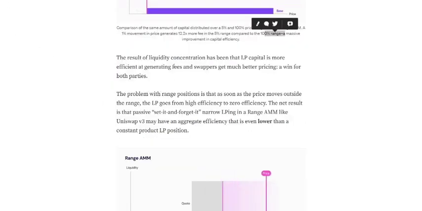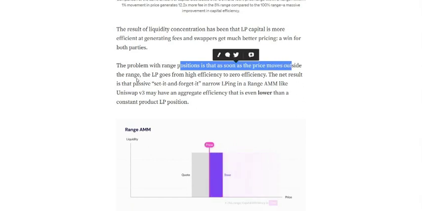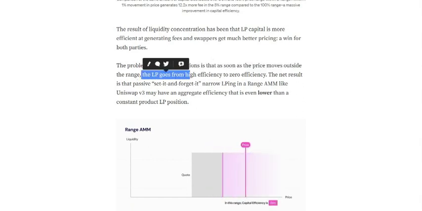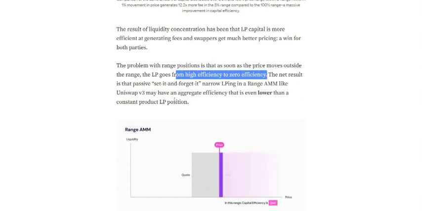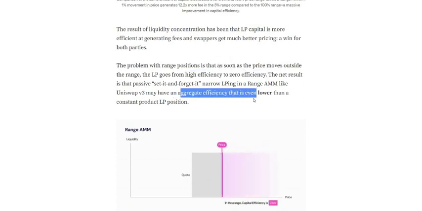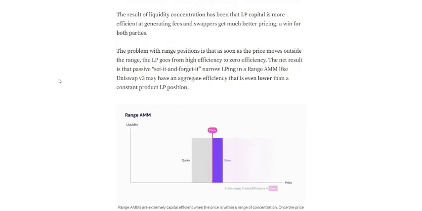But if you spread your range to a wide range, then the fees generated will be less. However, the problem with range positions is that if the price moves outside the range, the LP goes from high efficiency to zero efficiency, resulting in an aggregate efficiency that is even lower than a constant product LP position.